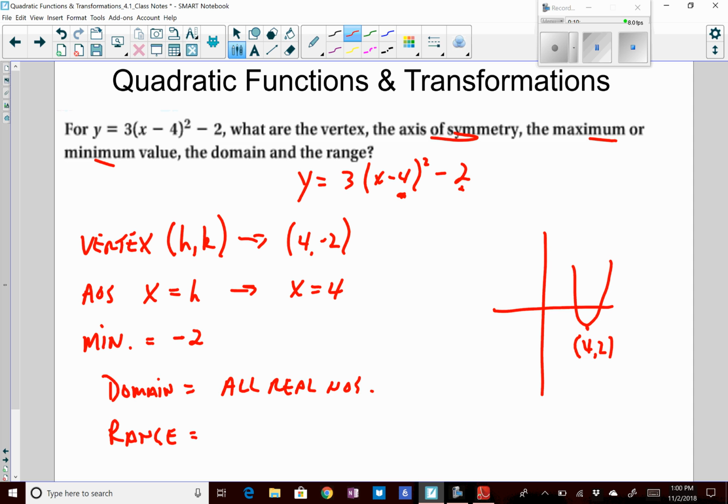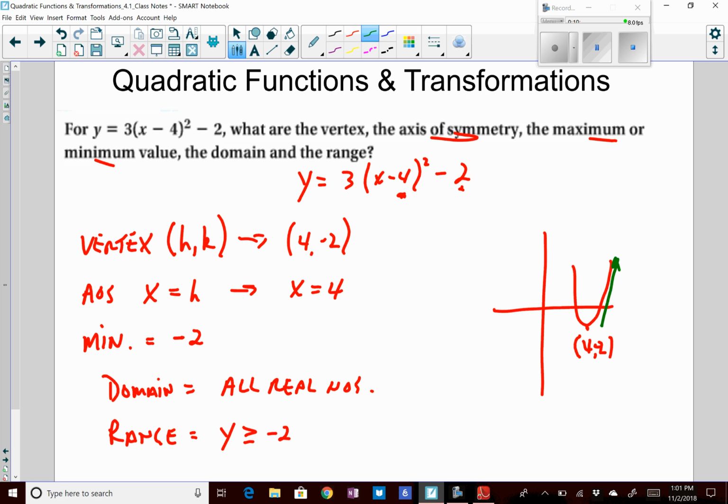So if you look at this graph, there is no graph below -2. There's nothing below -2. The graph only appears beyond -2. So we could say that the range then is y is greater than or equal to -2, right? Because we only have graph from here up.